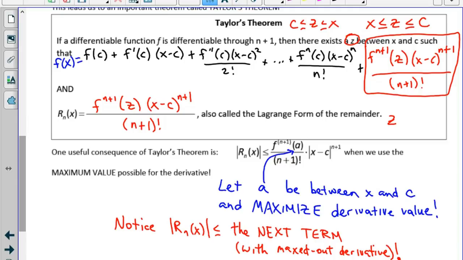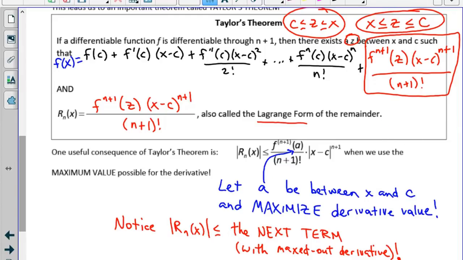If your center is smaller than the x value you're plugging in, you're going to look at this situation. If your center is bigger than the x value that you're plugging in, you're looking at this situation. But in either case, there's some value z that, when plugged into the n plus first derivative, exactly equals the value of the remainder. That's called the Lagrange formula, or the Lagrange form of the remainder.